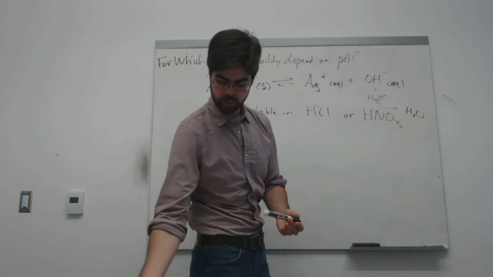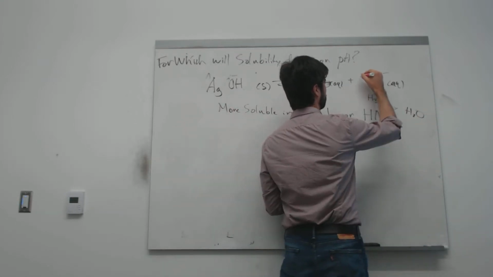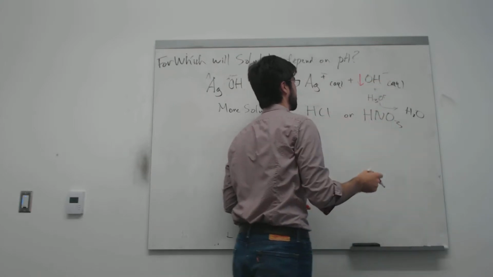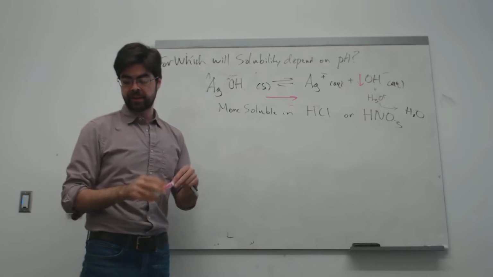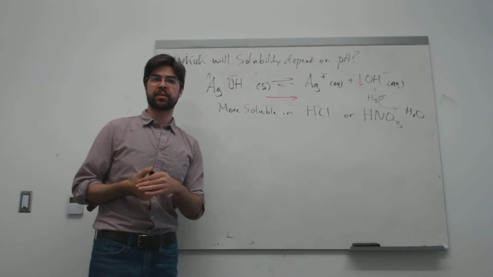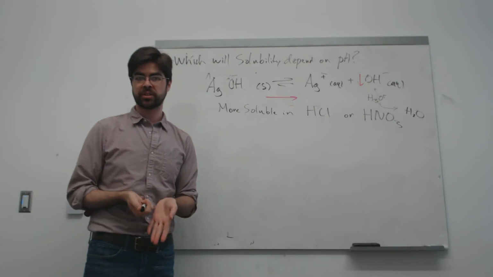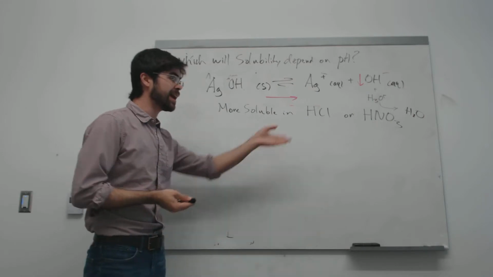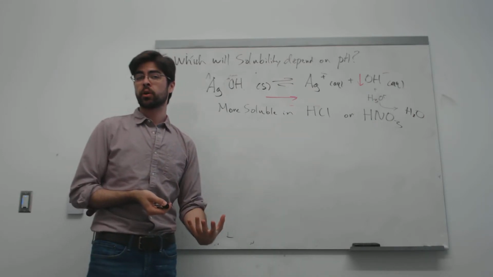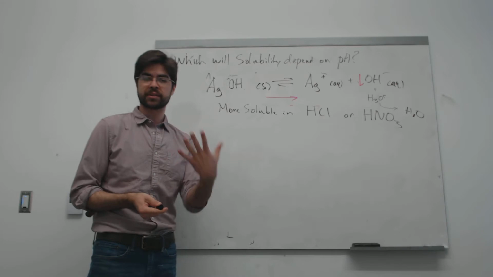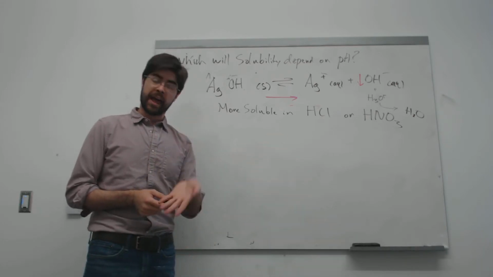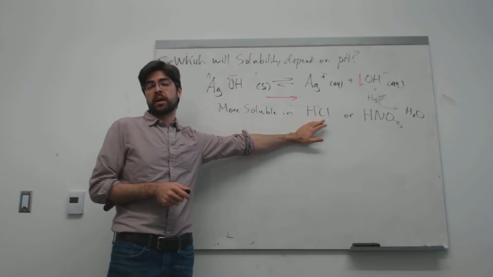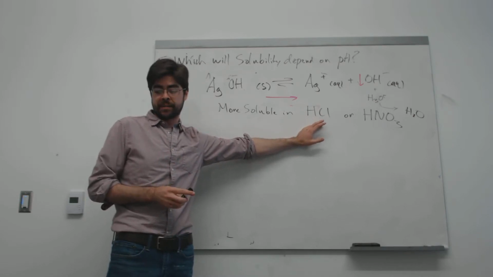That's going to tend to have a way of removing hydroxide ions, so that's going to shift the reaction forward. And if we're only thinking about the acid reactions that can occur, then you would predict that the silver hydroxide is going to have equal solubility in either of them. But actually, it's a little bit more soluble in hydrochloric acid.